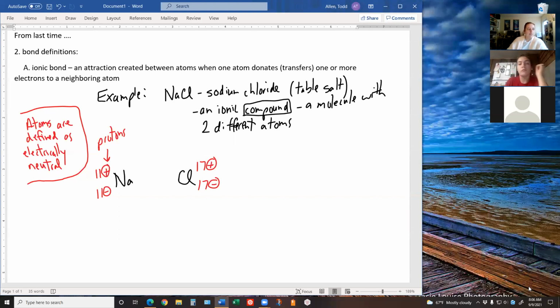So on page 34, figure 2.4, Sierra, when you look at panel A of that figure, on the upper left of panel A, you see a green sodium atom. Sierra, my question to you is this: how many rings of electrons are around the nucleus?